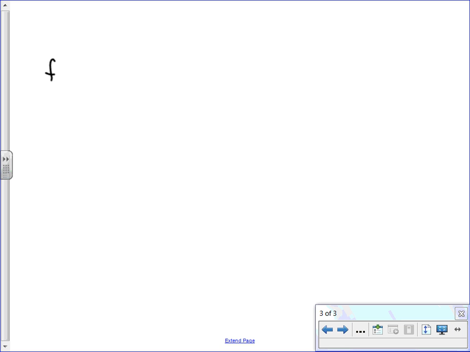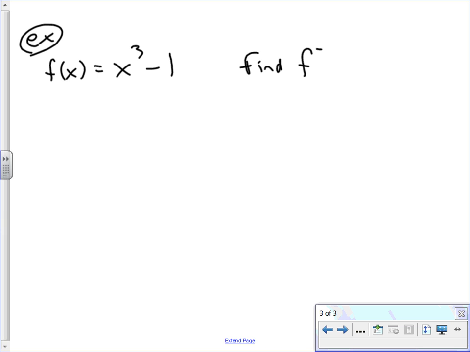All right, let's consider this. f of x equals x cubed minus 1. And I'm going to ask you to find f inverse of 7. I'm not asking you to find f of 7. I'm asking you to find f inverse of 7.